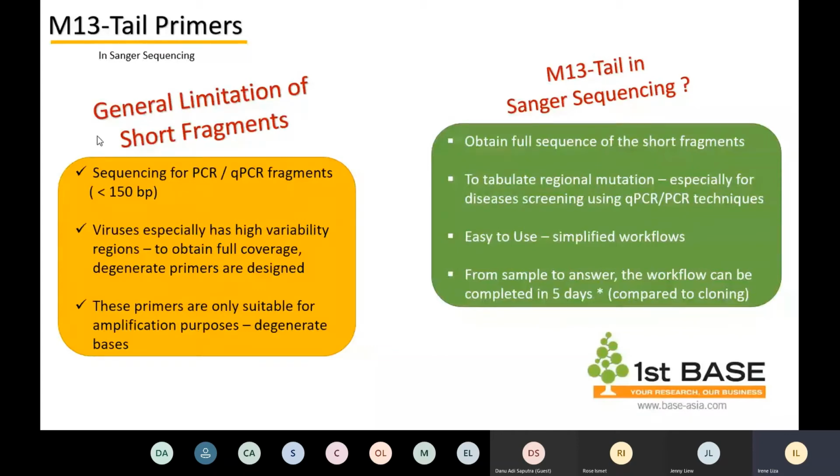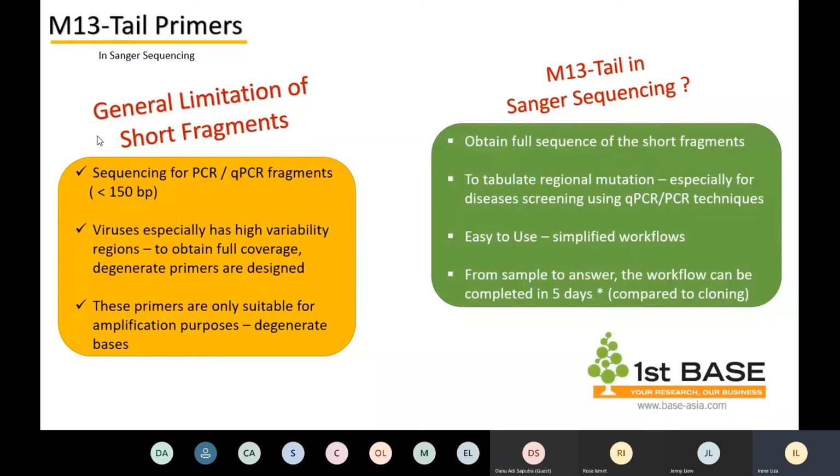So how does the M13 tail help in Sanger sequencing? Once you use it, you can actually obtain the full sequence of the short fragment. Why? Because now the noise only involves the M13 side and not the sequences from the primer sites of your particular target gene.